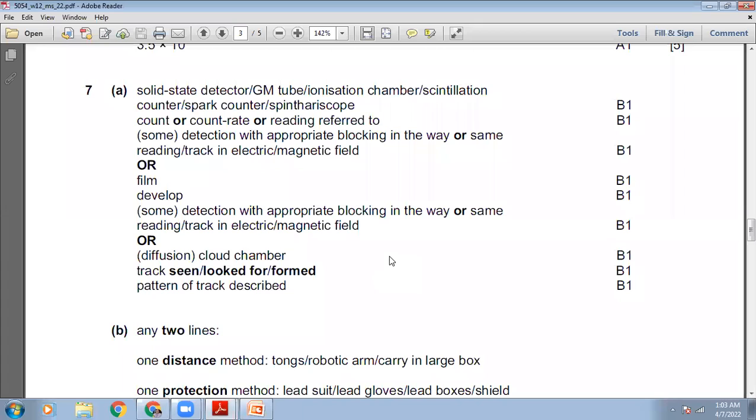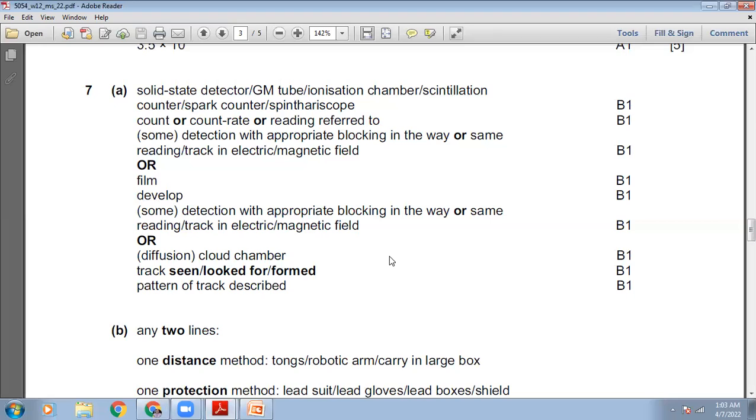Okay, so question number 7 is a part: a solid state detector, GM tube, ionization chamber, and scintillation counter, spark counter, count rate or reading referred to some detection with appropriate blocking in the way of the reading. Track in the electric magnetic field, or film develops.